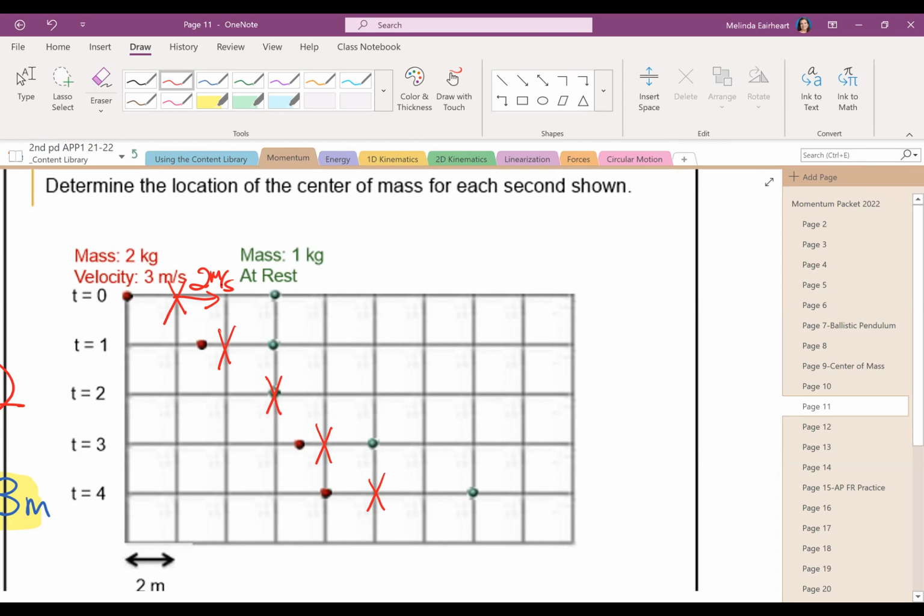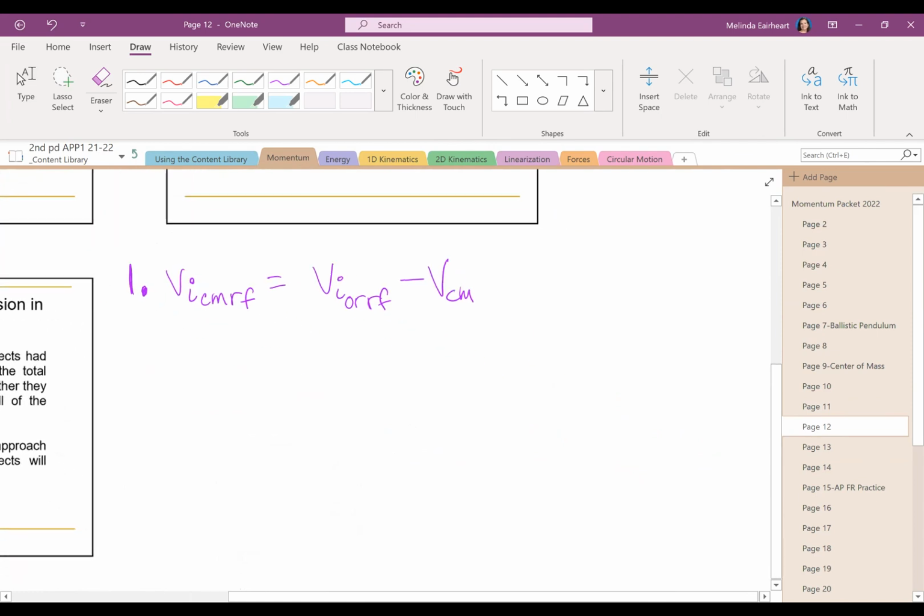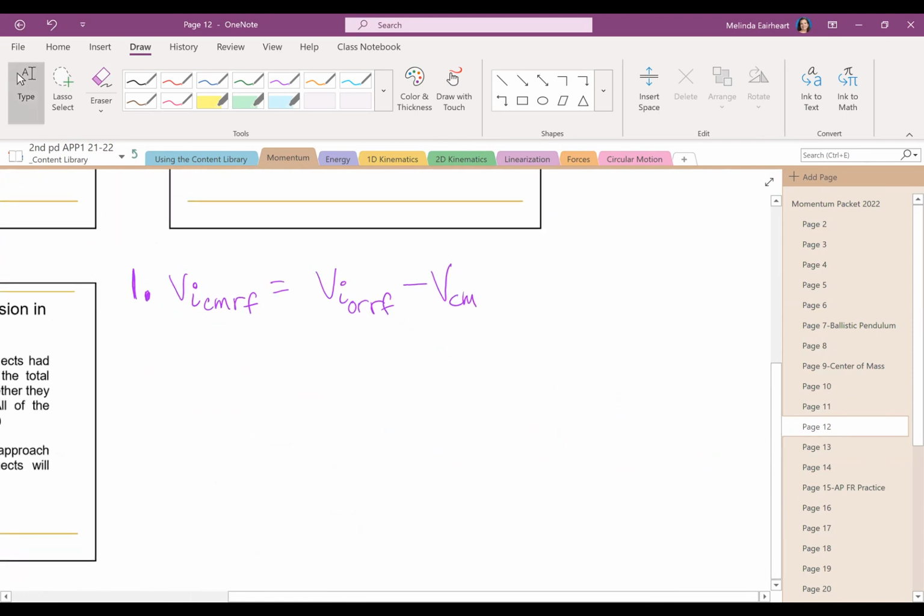So in order to get that, step 1, we're going to take our initial velocities in the original reference frame and subtract the system's center of mass velocity. So for each object, for V initial 1 in the center of mass reference frame, it would be 3 meters per second minus 2 meters per second.